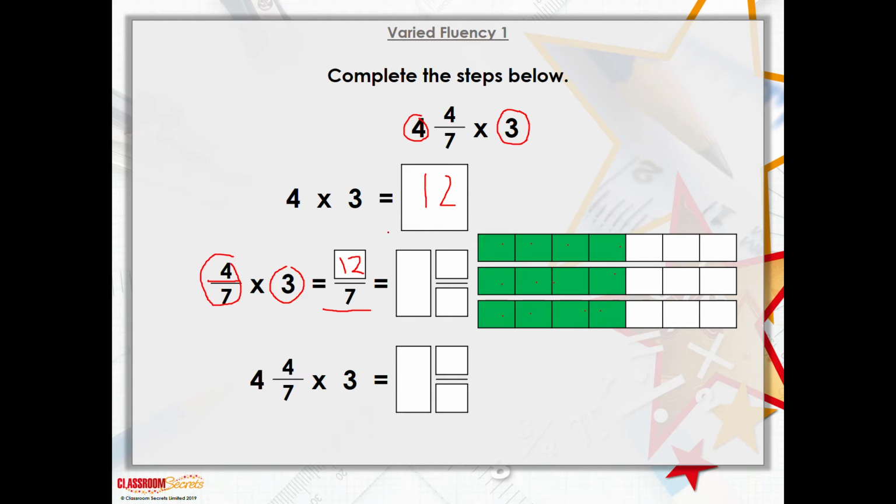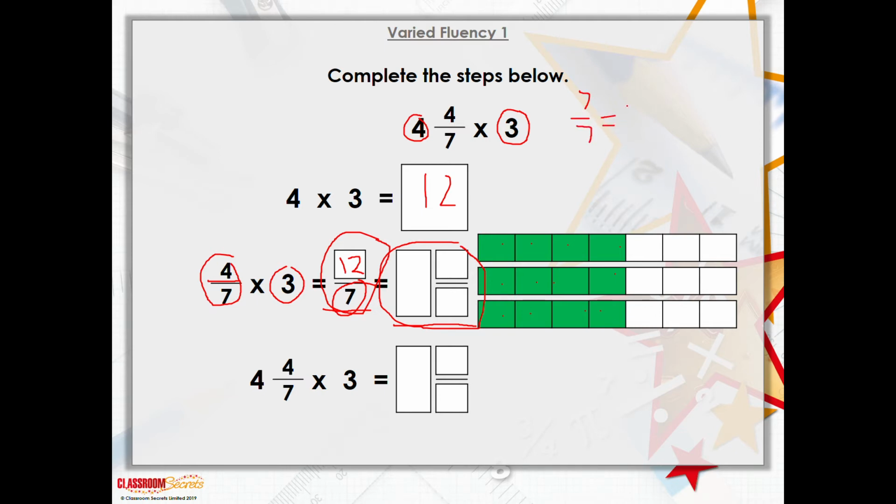Now, however, I need to make sure, like in the last introduction activity, that I convert my improper fraction to a mixed number. So I look at my denominator to understand that 7 sevenths in this fraction here is equivalent to 1 whole.